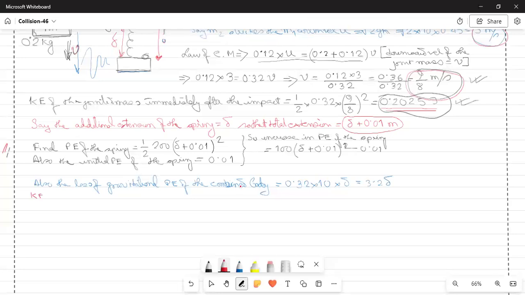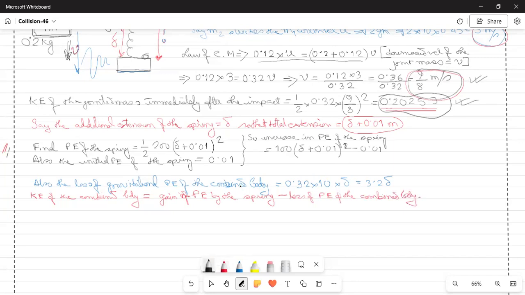Kinetic energy of the combined body will be equal to gain in potential energy by the spring minus loss of potential energy of the combined body.